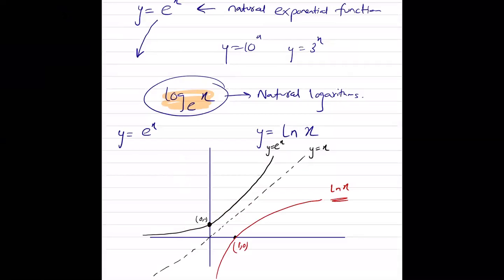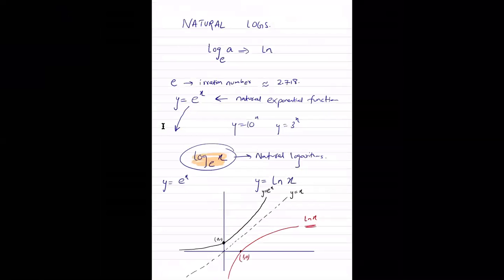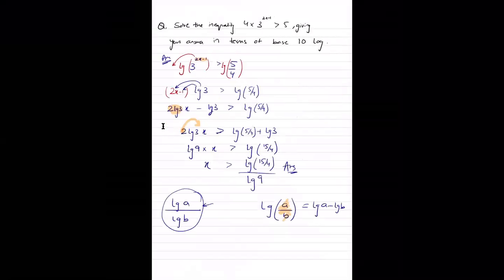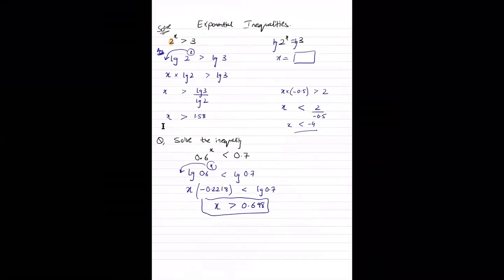Okay. So even if I wanted to solve this inequality, let's say 2 raised to the power of x greater than 3, if I plan on solving this by applying ln, I can do that.